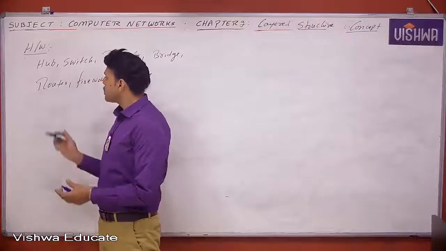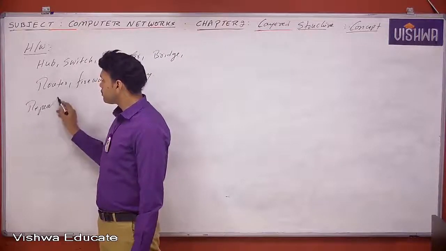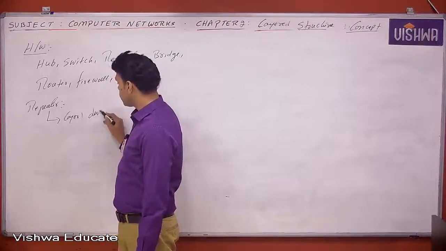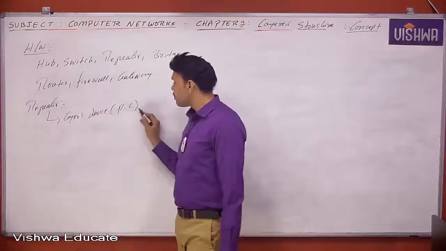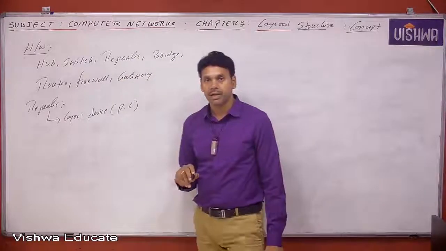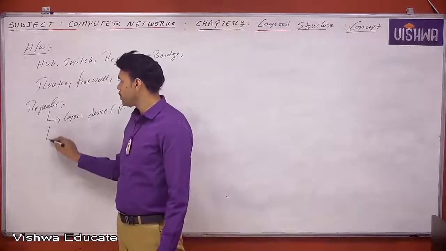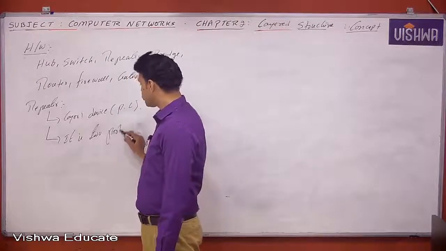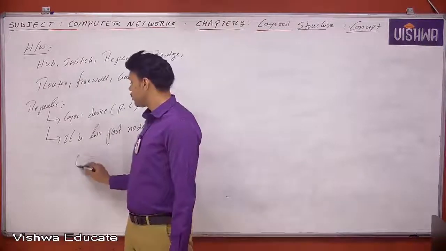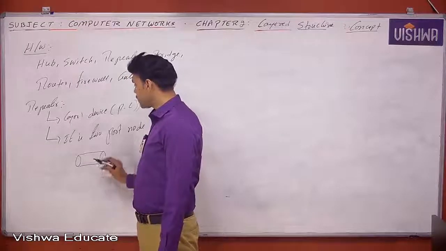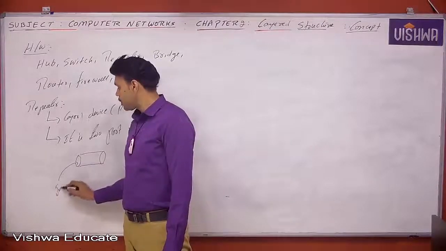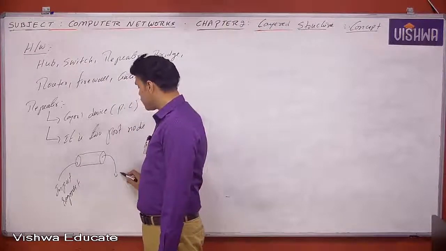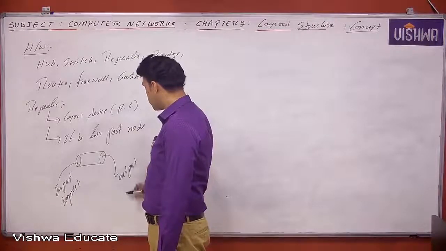So, as I am talking about the repeater, where will you keep the repeater? This is a layer 1 device. Whenever I say a layer 1 device, it's associated with the physical layer only, right? So what is the role of the repeater? It is a 2-port node. Like this only the repeater looks, which takes an input cable and gives an output segment.